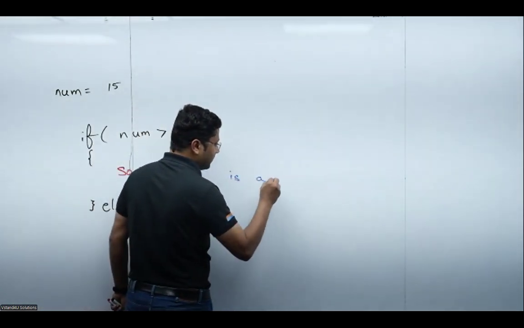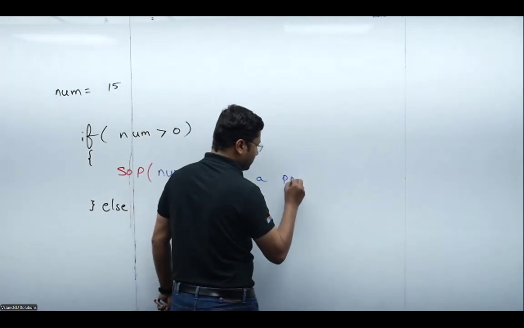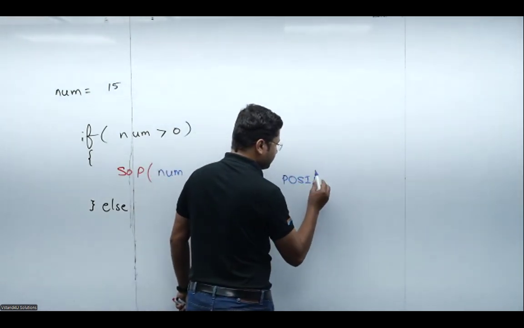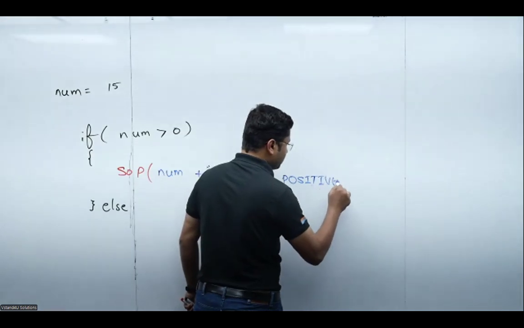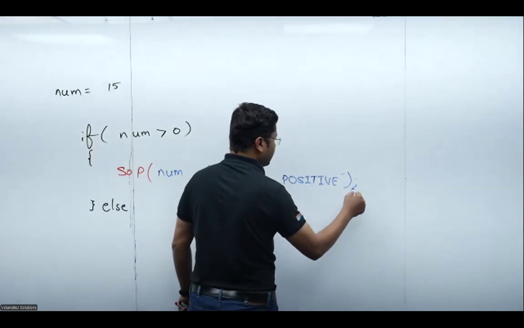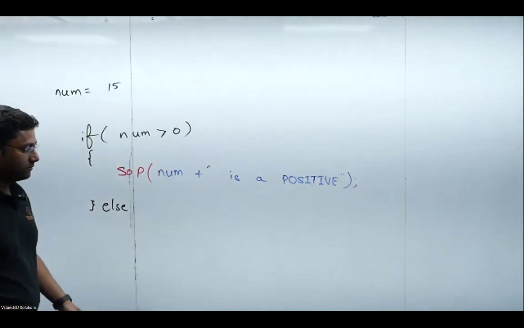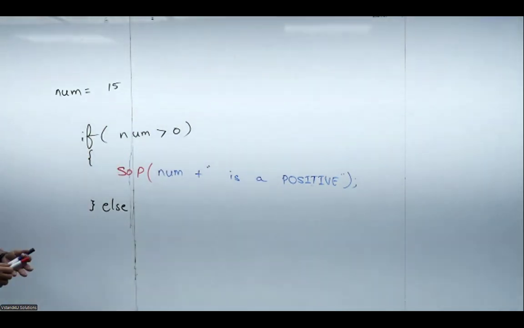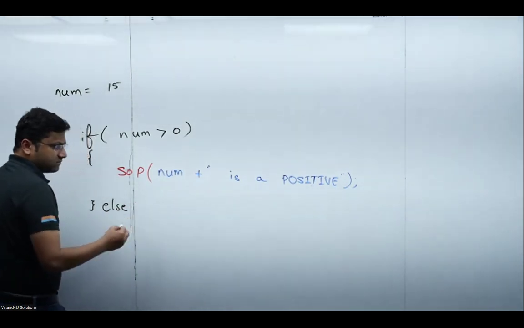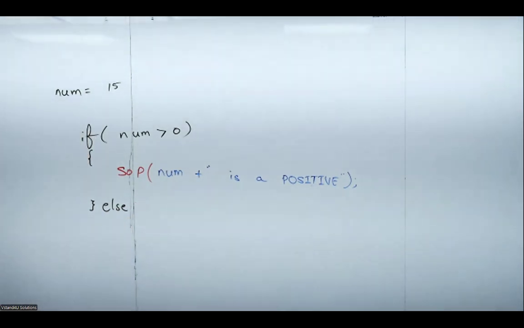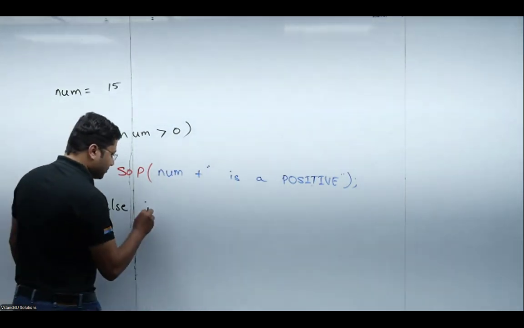It is a number, you can type also. Done. Else negative. Am I right? Else negative. Very good. Even if 0 is there, that is negative.